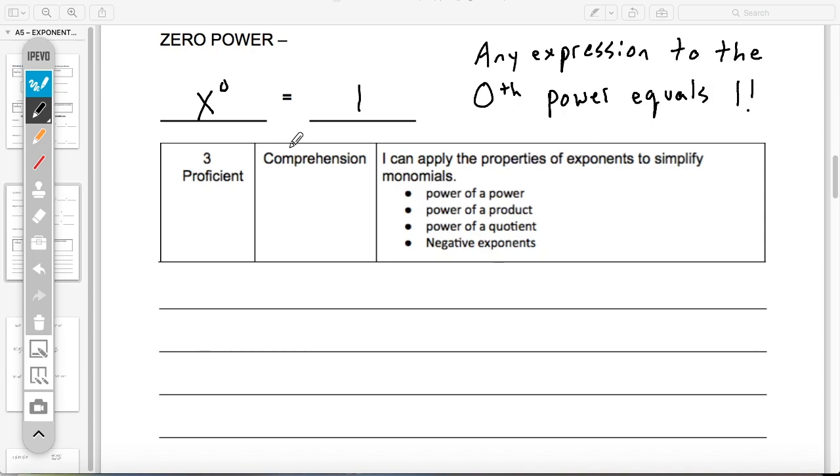So we could have x to the 0th power, or y to the 0th power, or 2 to the 0th power, maybe even 100 to the 0th power. Always going to equal 1. Okay?